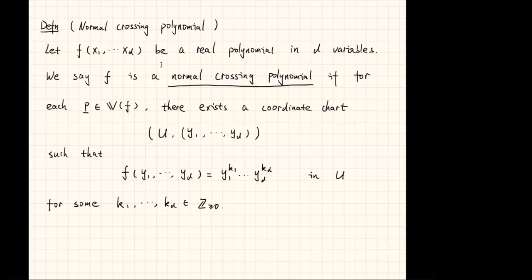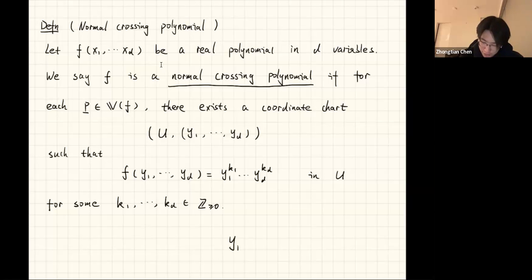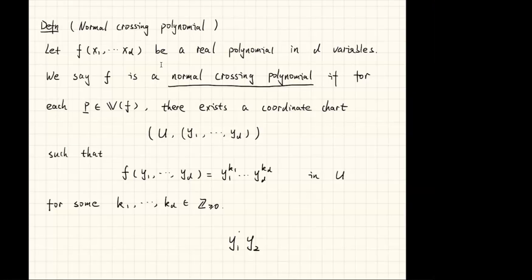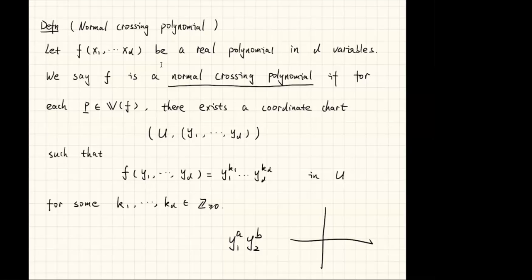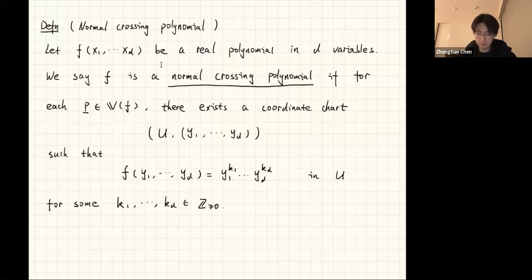Because in R2 when D equals 2, we only have 2 variables, right? Some constant here. Oh, I see. The D is showing up in 2 places. Yes. Okay, I believe you now. That makes sense.